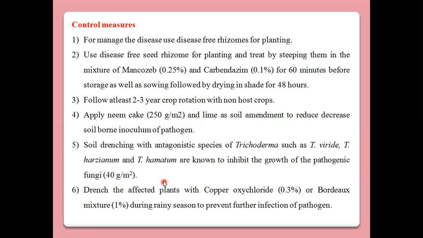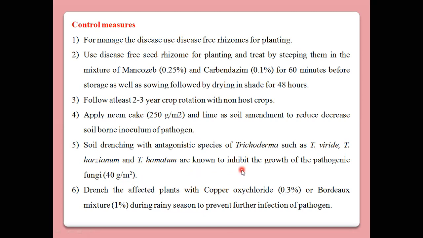Then another management practice generally done by farmers is soil drenching with antagonistic species of Trichoderma, that is Trichoderma viride, Trichoderma harzianum, Trichoderma hamatum, generally applied around the infected root of the ginger, at 40 gram per square meter area.